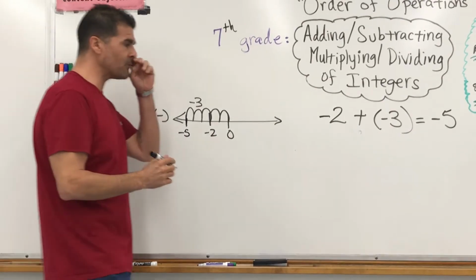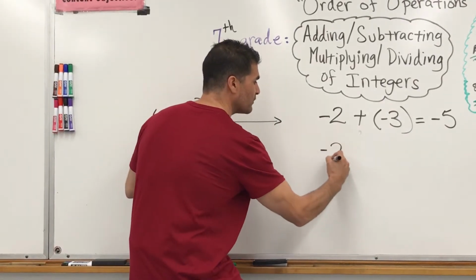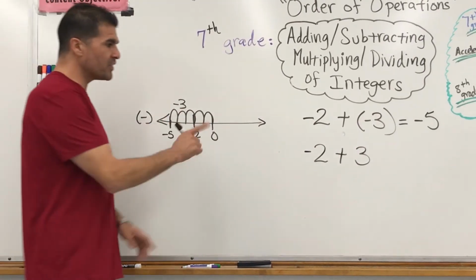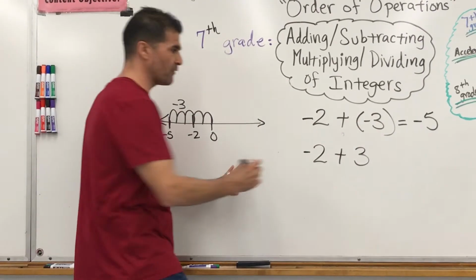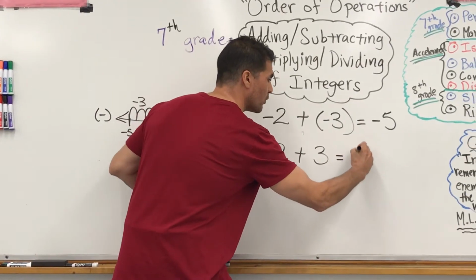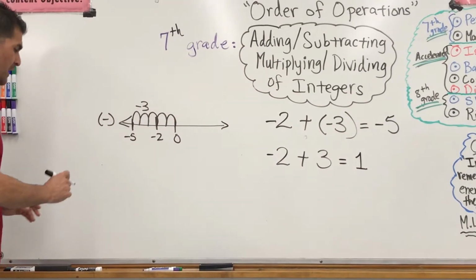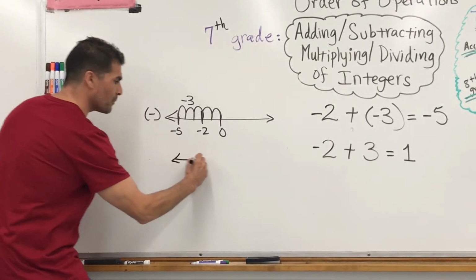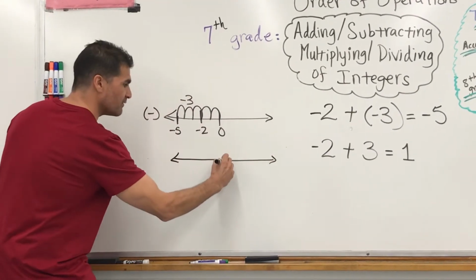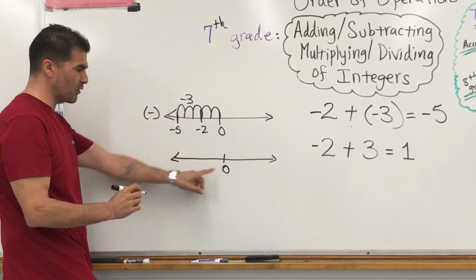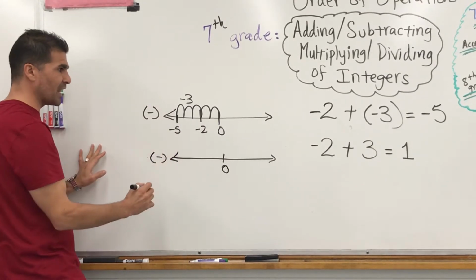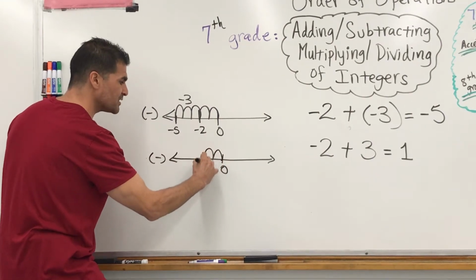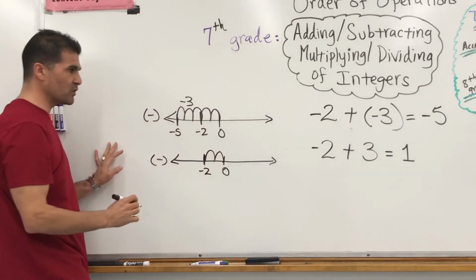Well, what happens if you have something like a -2 plus a +3 instead? This doesn't equal a -5. This is actually going to be equal to a +1. On a number line, if 0 is right here in the middle and the negatives are on the left, you're still going to move 1, 2 spaces to the left to -2.